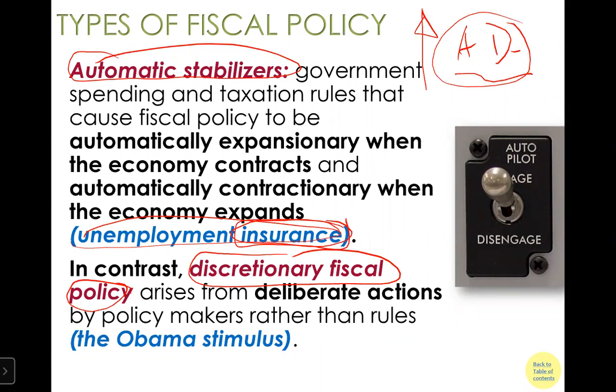So in this expansion, that's going to help reduce aggregate demand, because fewer people can receive this benefit from the government. So you can see this unemployment insurance is going to automatically adjust aggregate demand depending on the economic situation, right? The government hasn't done anything once it set this policy rule. So this is automatic stabilizer.